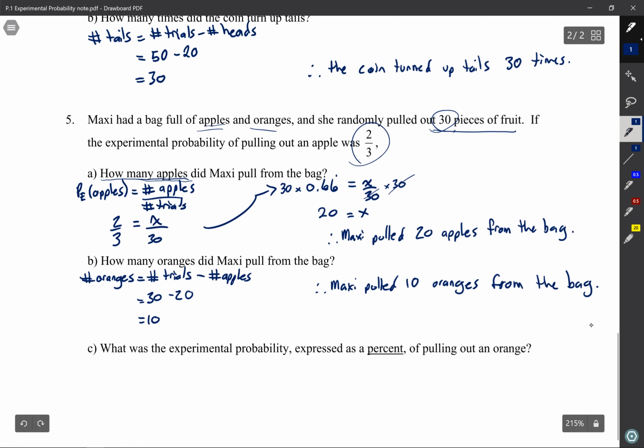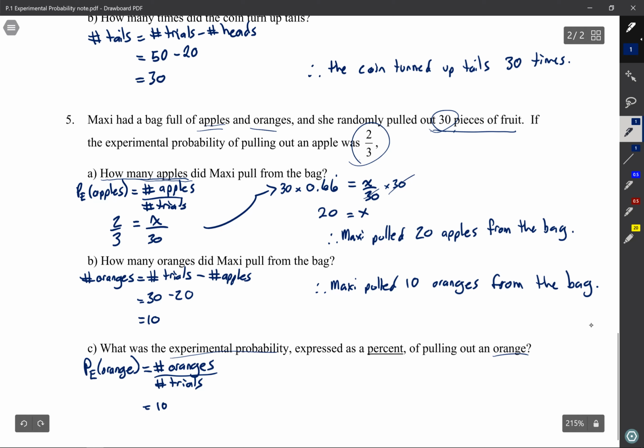And what's the experimental probability expressed as a percentage of pulling out an orange? Well, I've done this before, the experimental probability of pulling out an orange equals the number of oranges divided by the number of trials. And the number of oranges here is 10.